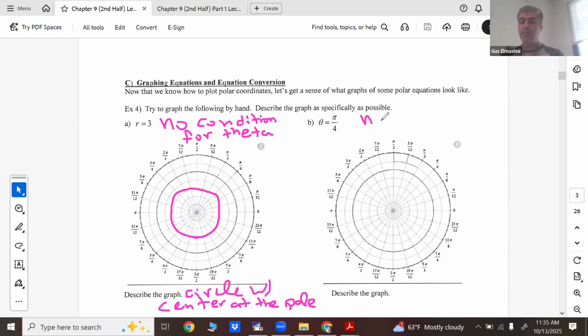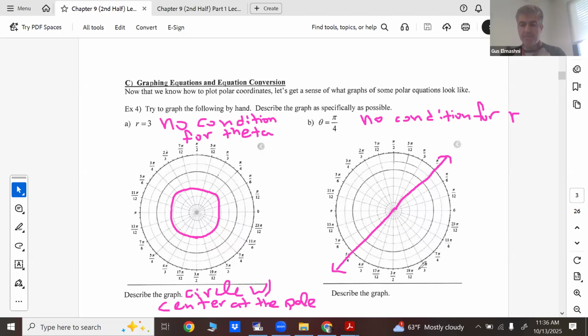Now here, there's no condition for R. Okay. So where's theta pi/4? So R can be whatever, right? So for example, R could be 1, R could be 2, could R be -1? R could be -3, -4. Like R could be really whatever. So in this case, I'm just going to draw that.